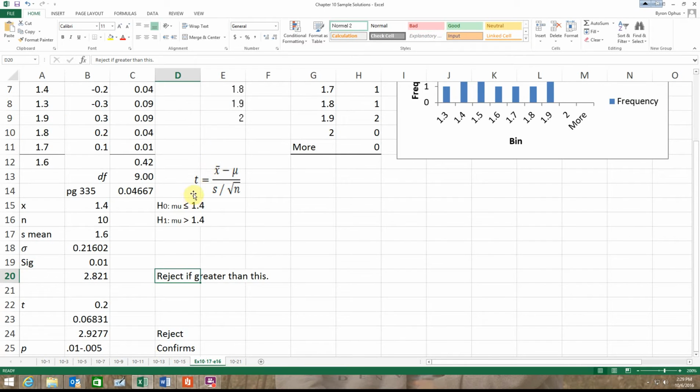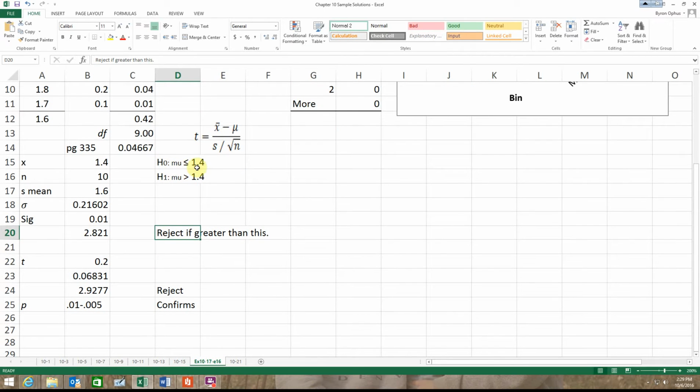Okay, you guys should state your hypothesis. Okay, so I've got, in this case, H sub 0. Let's go back and read it. It says that I want 2 on 17. It says, can we conclude that water consumption has increased? Okay, and increased over my population mean of 1.4.